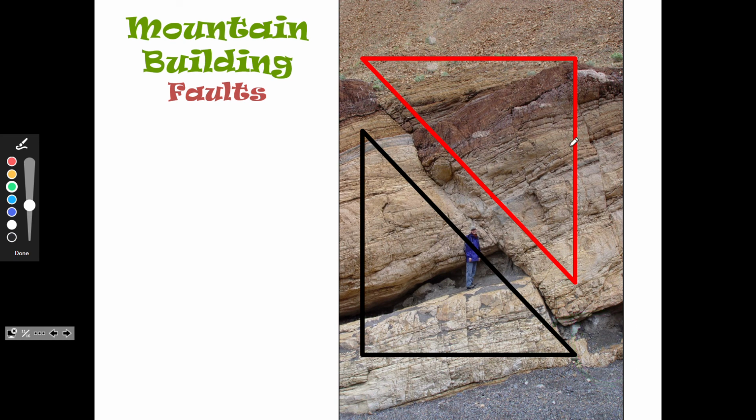So our red piece has moved up, our hanging wall has moved up on our footwall, so that will be called a reverse fault. So again, normal is if they're moving apart and therefore my hanging wall is moving down. But in this case, since my hanging wall is moving up, it is called a reverse fault.